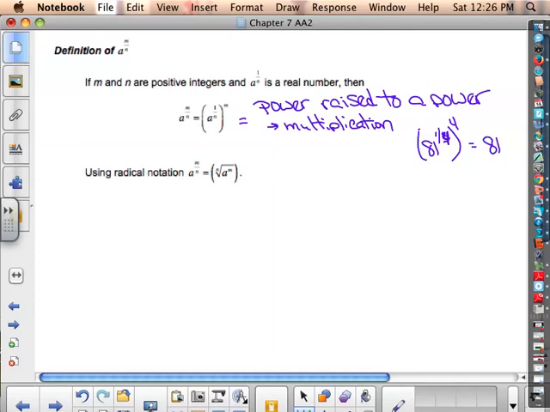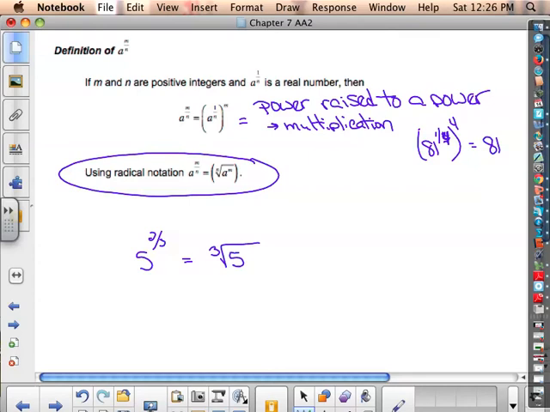In fact, the better you become at this, the easier it will be to do these problems effectively. Some notations work better on specific types of problems, so it's really going to benefit you to be able to move between these two different notations. So for example, if I say I have 5 to the 2/3, you should be able to write that as the third root of 5 squared pretty easily, moving between those two different types of notations.